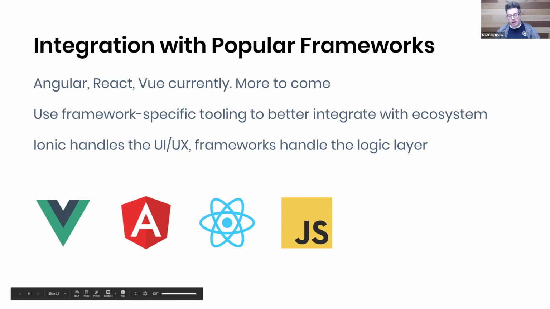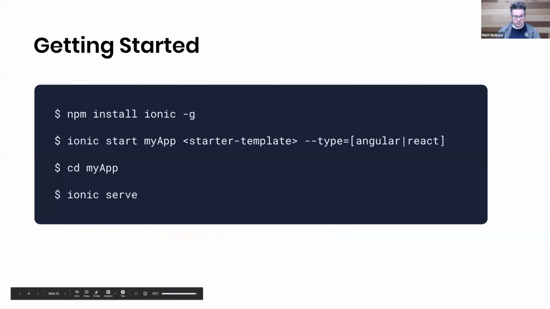You're not using really anything custom from us, which of course leads to a better developer experience and maintainability, which is increasingly important, especially when it comes to building any type of software, right? So we handle that really well. Just think of it as Ionic handling the UI and UX with our UI components, and the frameworks handling the business logic layer, the other types of tooling, routing, all of those types of concerns.